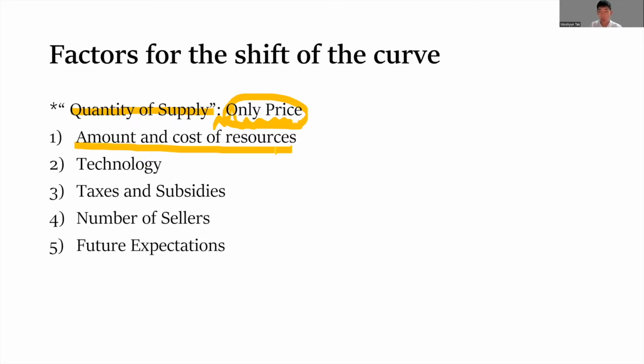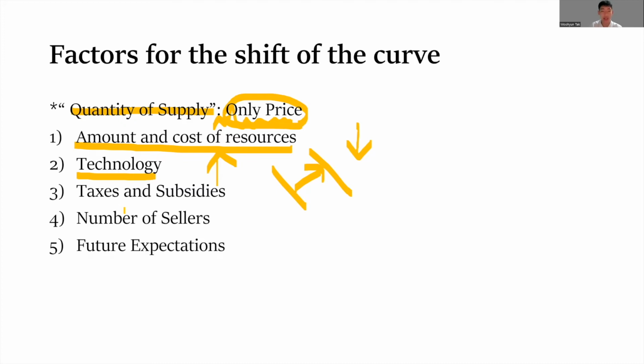For example, the recent Ukraine war led to an increase in fuel and grain prices, which gives more burden to production, therefore supply decreases. And advances in technology facilitate mass production and therefore supply increases, and the curve will shift to the right.